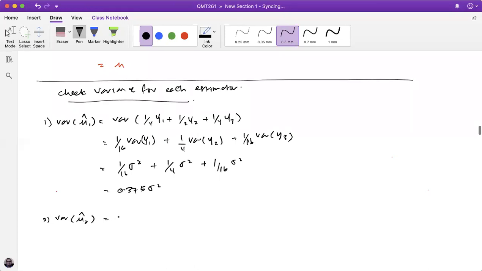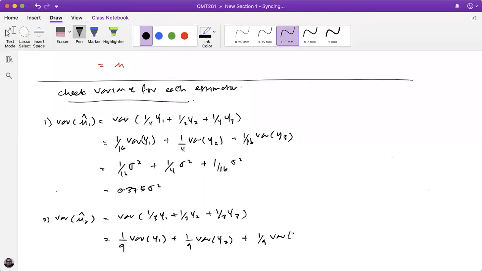The second one is variance of mu2 hat. It should be variance of 1/3 y1 plus 1/3 y2 plus 1/3 y3. So this one should be 1/9 variance of y1, 1/9 variance of y2 plus 1/9 variance of y3.